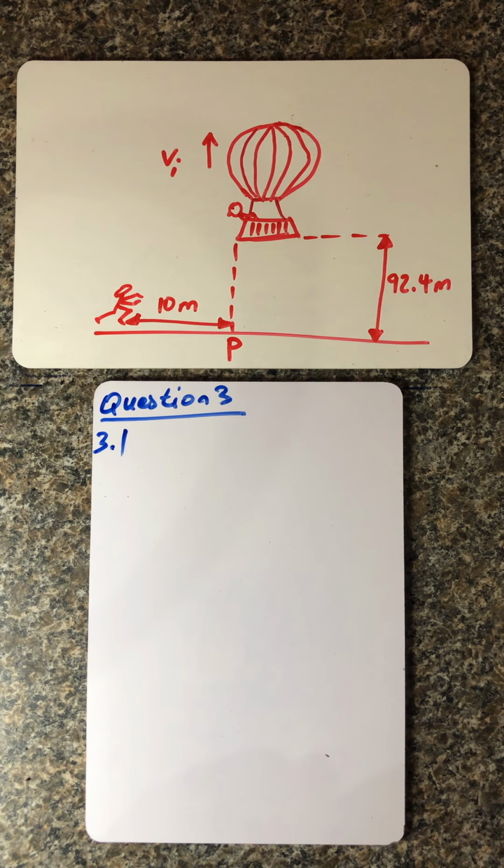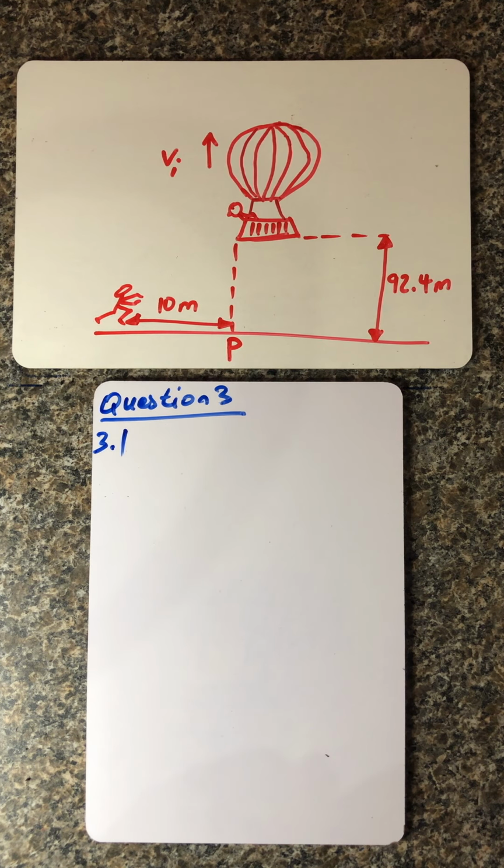Ladies and gentlemen, why are we getting a negative number there? The reason is that a negative number tells us the direction of our initial velocity. If we had a positive answer, that would mean the initial velocity in which the balloon is moving is downwards. Why downwards?